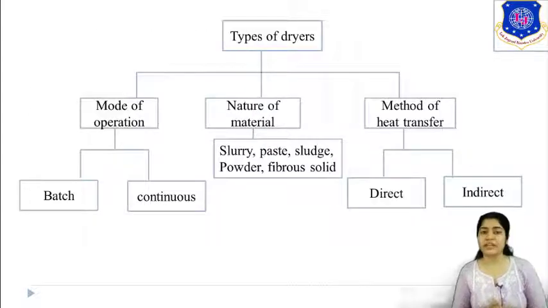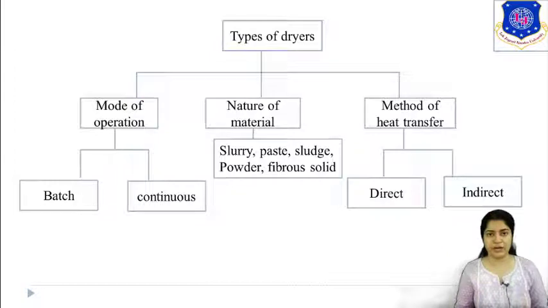Now the next topic is to study the drying equipment. Of course, when you are carrying out a drying operation, you will do it in certain equipment, not randomly in any area. So these are the types of dryer which you have to study. You are classifying your dryers based on these three criteria. First of all, on the basis of mode of operation: they are batch and continuous type.